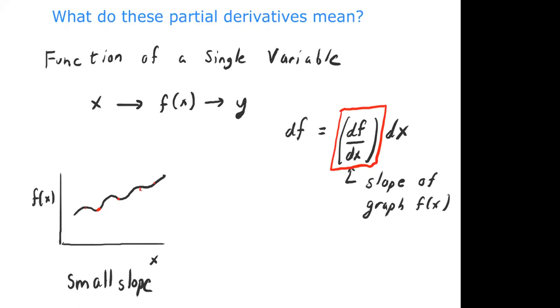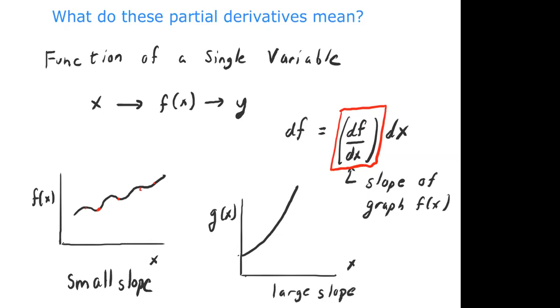Another function. It's a completely different function, so let's call it g. And let's say that function looks like that. And at every point along this function, the slope, the total derivative of g with respect to x is quite large, and it gets larger and larger as you get away from the origin.